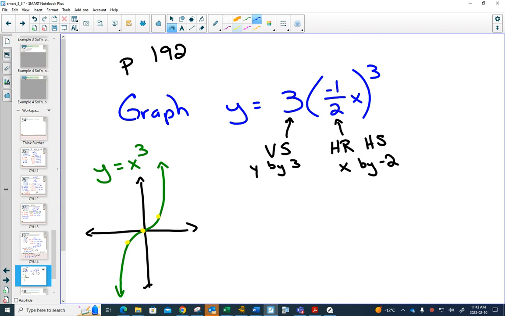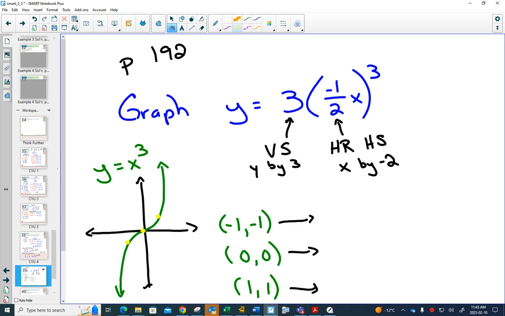So from my green graph, what are these 3 points? They're -1, -1, 0, 0, and 1, 1. Where do they go? Well, I need to multiply my x values by -2 and my y values by 3.